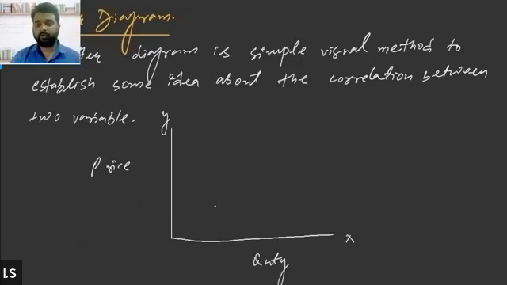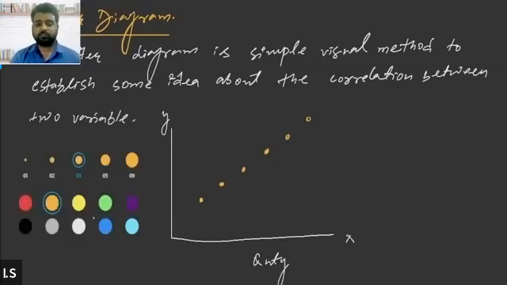After plotting, let's suppose it makes a picture something like this. This shows that price and quantity are positively related, because these dots are going upward.